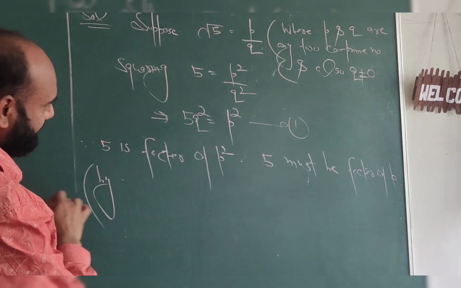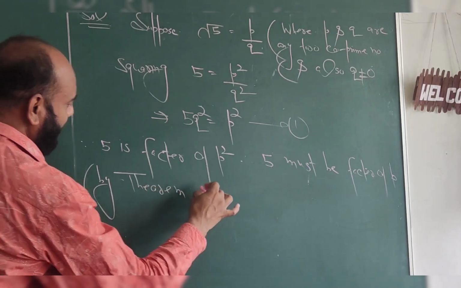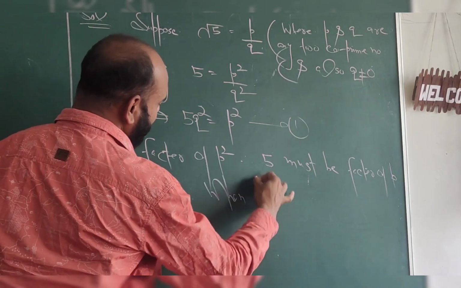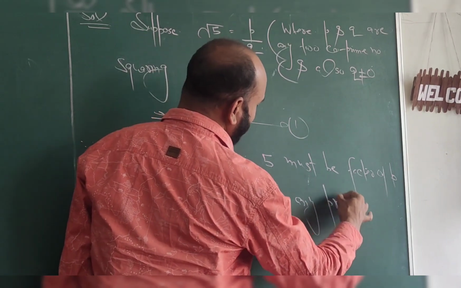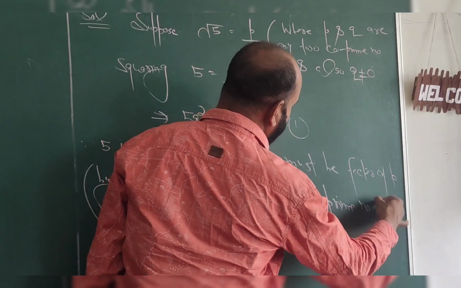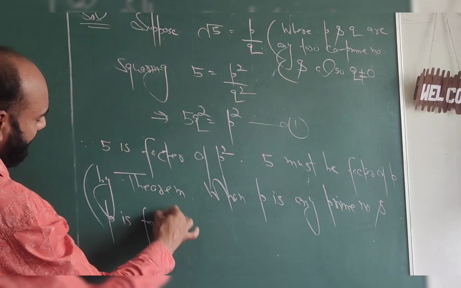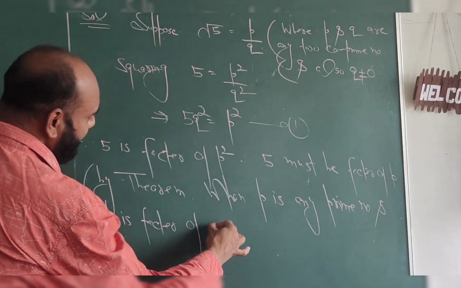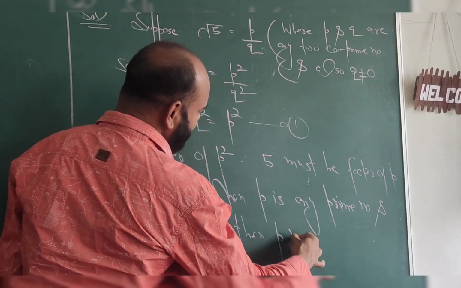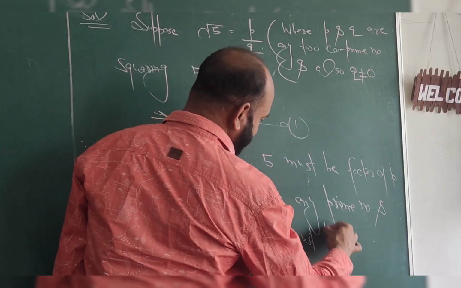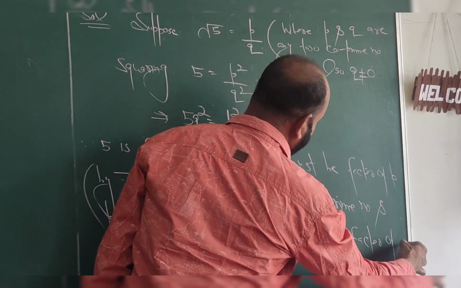of the theorem: when p is any prime number and p is a factor of a square, then p must be a factor of a.